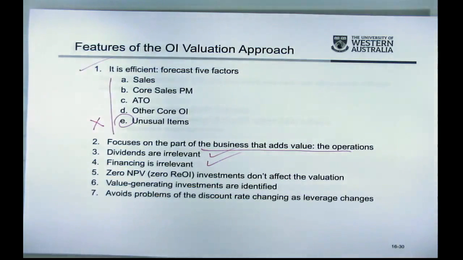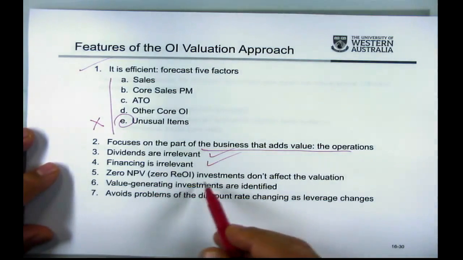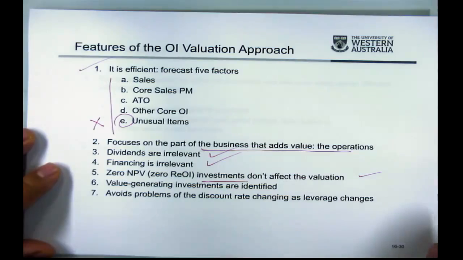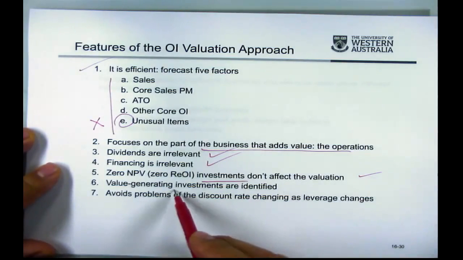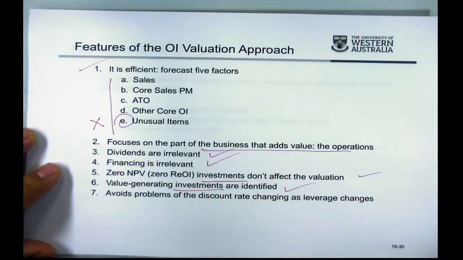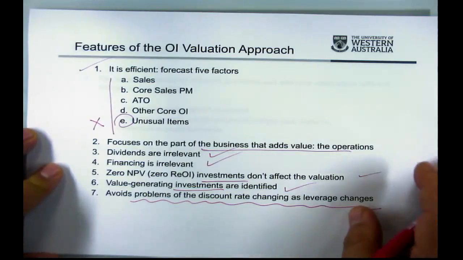We just need to forecast operating income and net operating assets, value the firm, then take into consideration how the firm is financed. After we value the whole firm, we subtract NFO from the value of the firm to value the equity. Zero net present value investments do not affect the valuation. Value generating investments are identified, and we also avoid the problems of the discount rate changing as leverage changes.